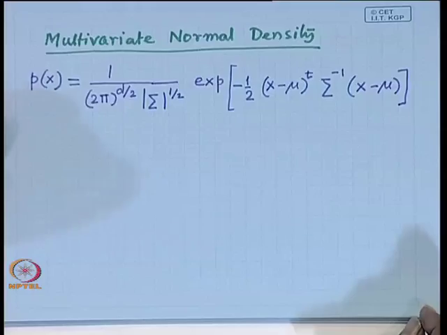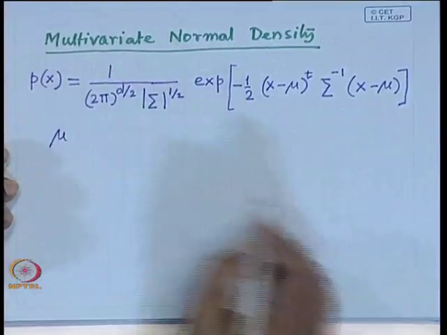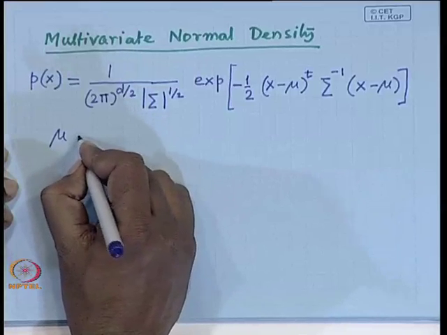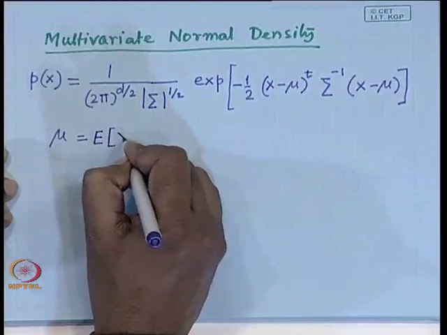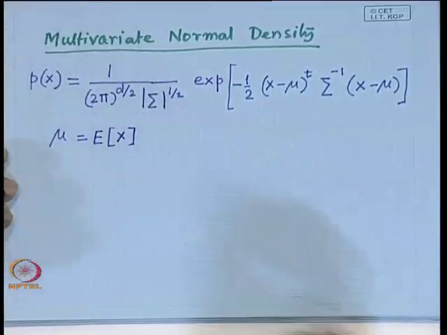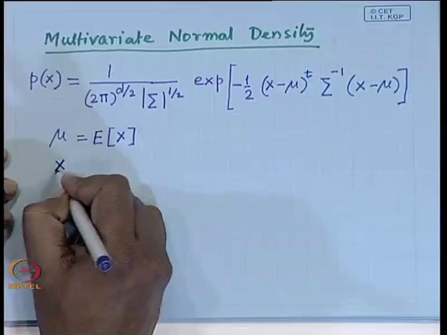Okay. So, this is the expression for the multivariate probability density function, where X is the variable representing the feature vector, and mu is the mean vector. So, mu is nothing but as before the expected value of the feature vector X, where X is a d-dimensional vector.